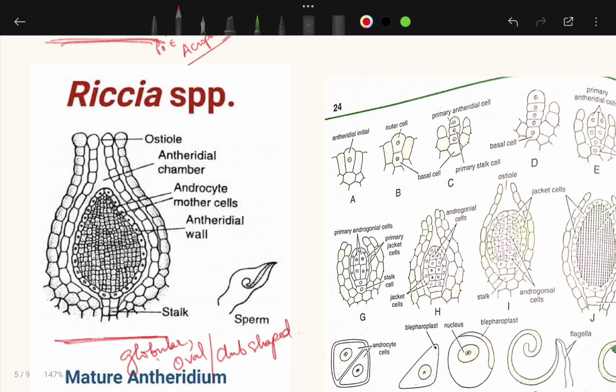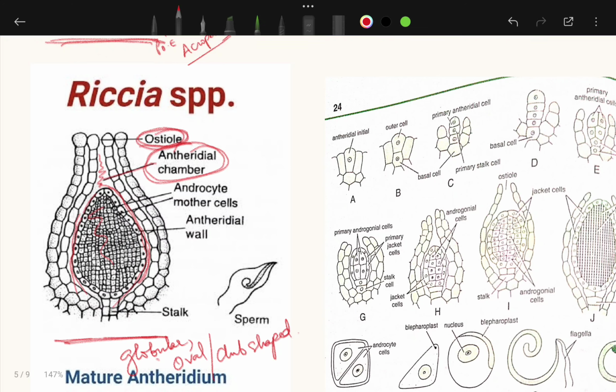Okay, this oval globular structure, and the space that you can see here, this space is known as the antheridial chamber. Inside the antheridial chamber, the antheridia will be produced. Now there is an opening in the antheridial chamber, which is known as the ostiole.